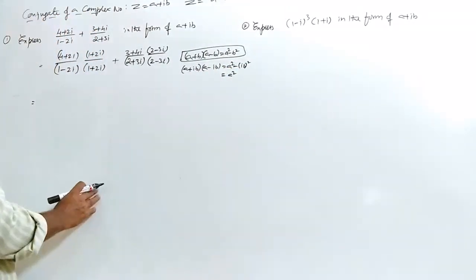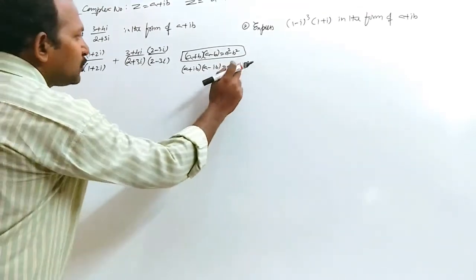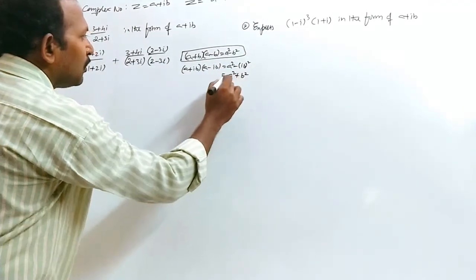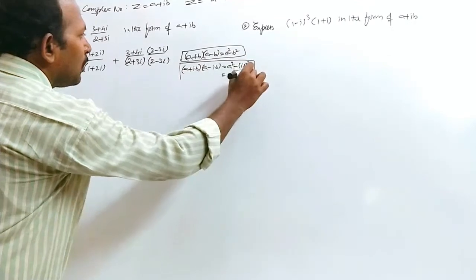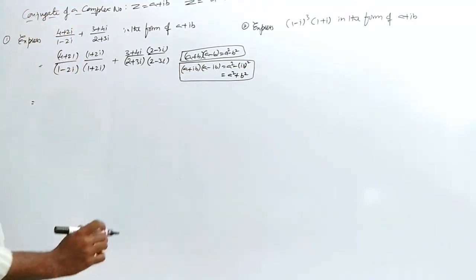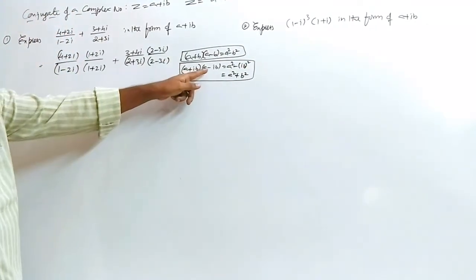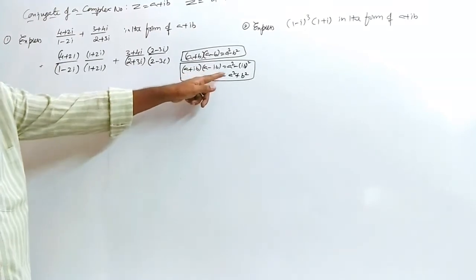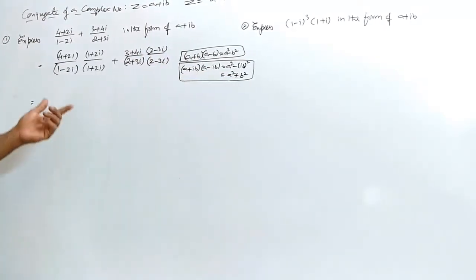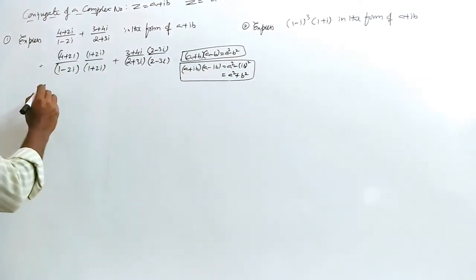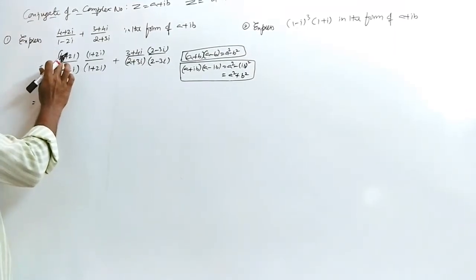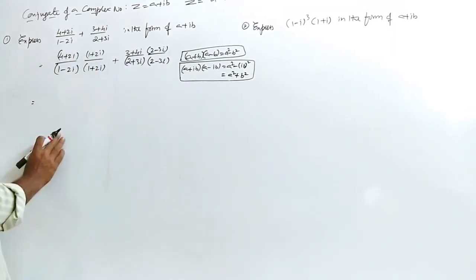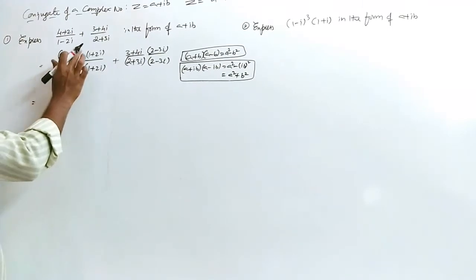We know that i square is minus 1, therefore minus into minus gives plus b square, which is the formula used in case of complex numbers. If (a plus ib) into (a minus ib), the product is nothing but a square plus b square. Applying that concept here, first of all, let us multiply these two numerators.